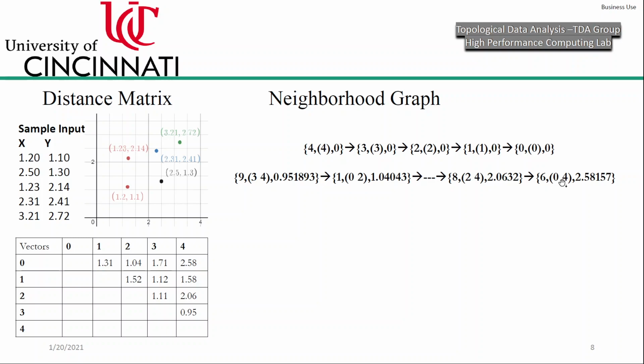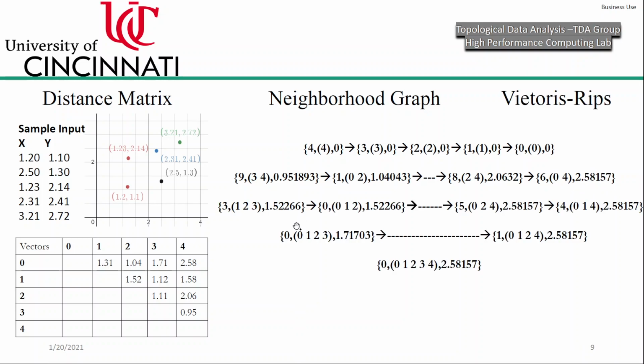So we start from the last simplex index. Then we have 0 2, where 2 is bigger. If they had the same weight, then this would come last and this would have come before this. But right now it has more weight, so it is last. I hope you get how we order the simplexes.